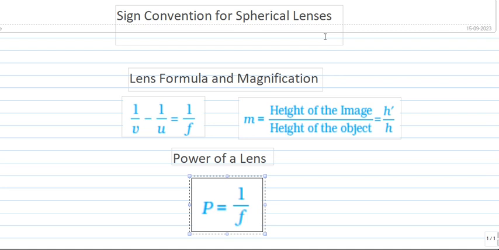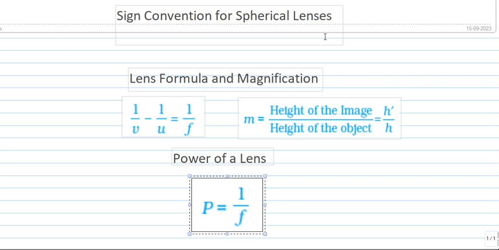All distances parallel to the principal axis are measured from the optical center of the lens. All distances measured to the right of the optical center, the origin, are taken as positive, while those measured to the left of the origin are taken as negative.